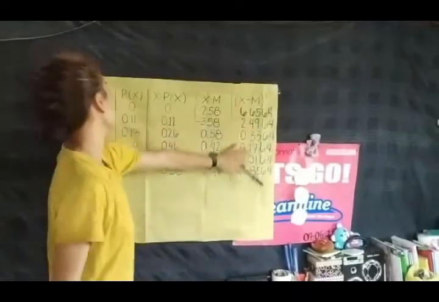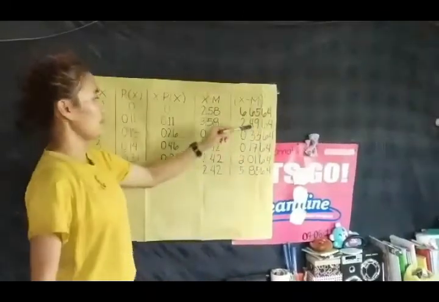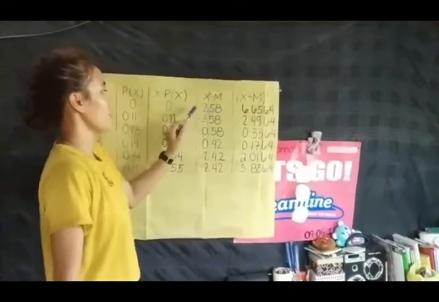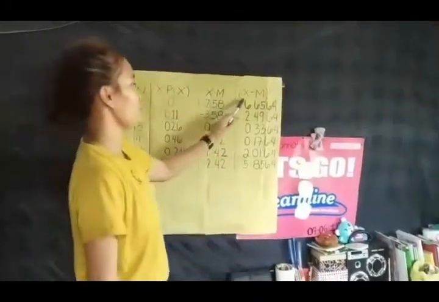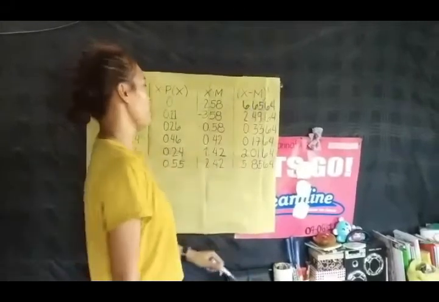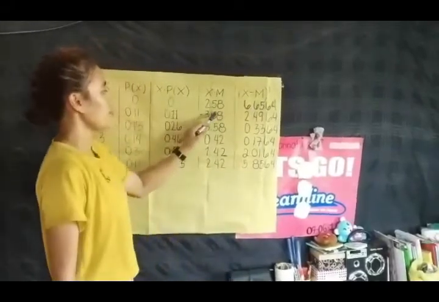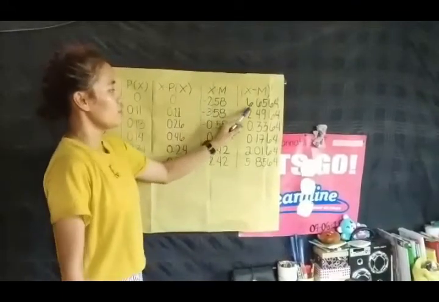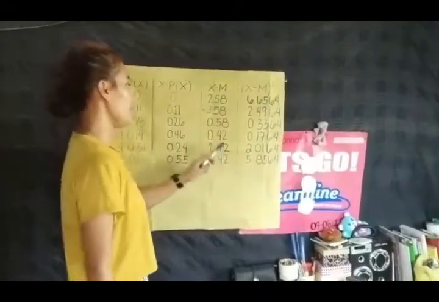To get this answer, you need to multiply each by itself, which is negative 2.58 times negative 2.58 equals 6.6564. Negative 1.58 times negative 1.58 equals 2.4964.